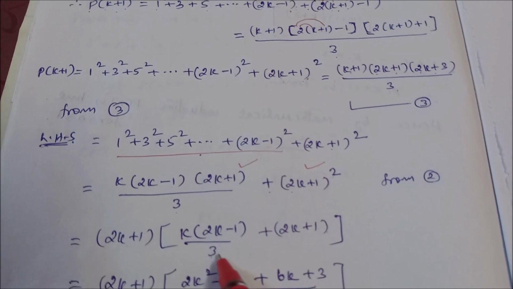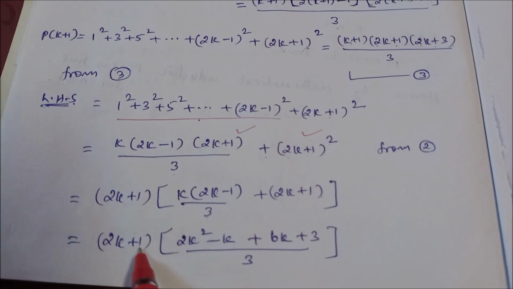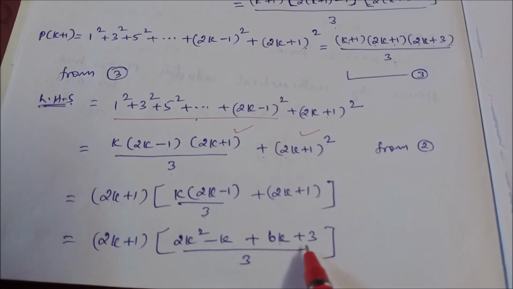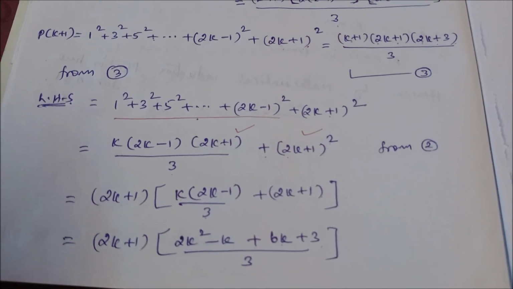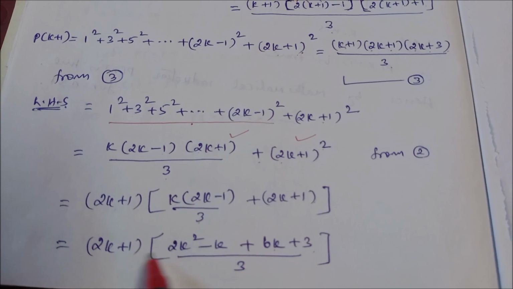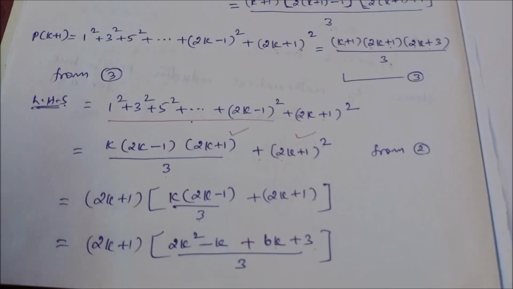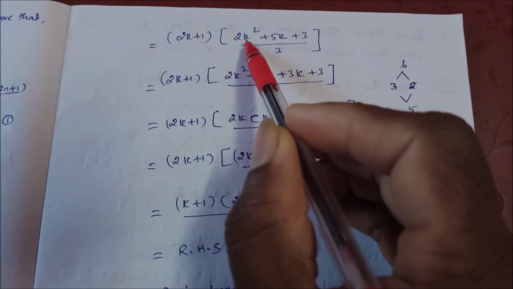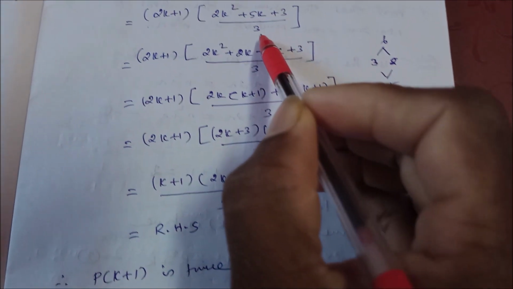So take LCM 3 for both terms: 2k plus 1 into 2k square minus k plus 6k plus 6 by 3. Take the LCM for this term. After that, 2k plus 1 into 2k square plus 5k plus 3 by 3.